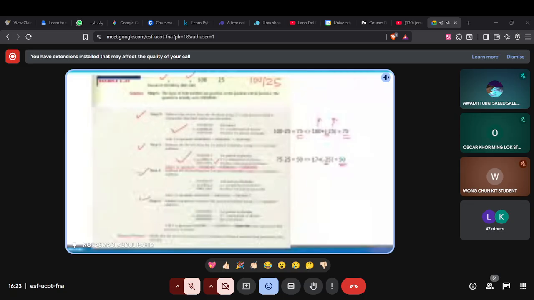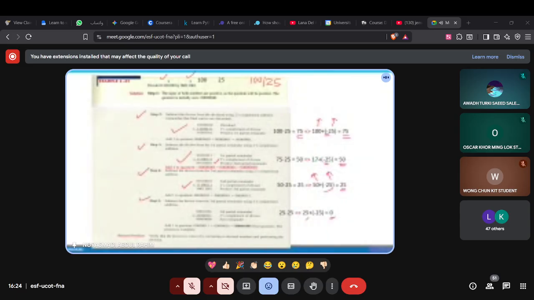Now 50 minus 25, or 50 plus minus 25, you get 25, right? So 50 in binary and 25 also in binary but in two's complement, and you do the addition. Then 25 minus 25, you apply 25 plus minus 25 is equal to 0.